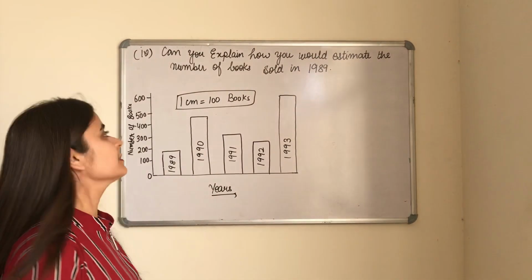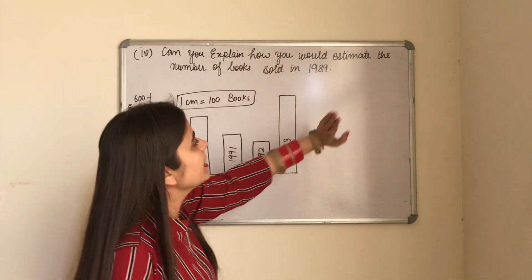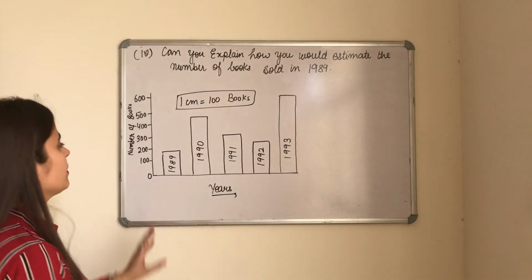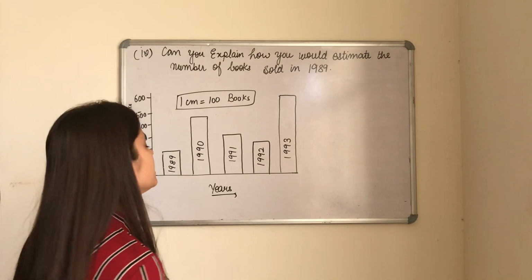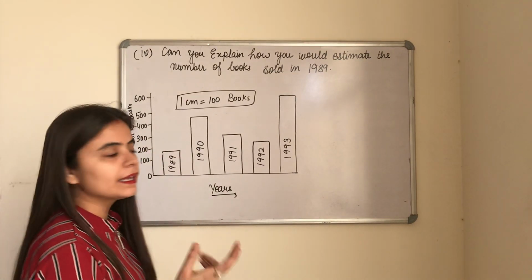They are saying, can you explain how you would estimate that 1989 had 175 books? How did we do it? By reading the graph.